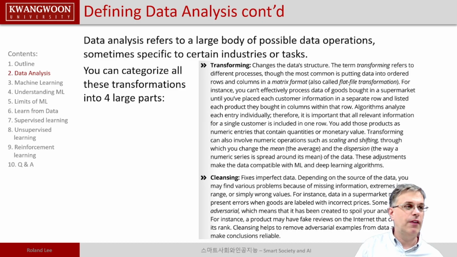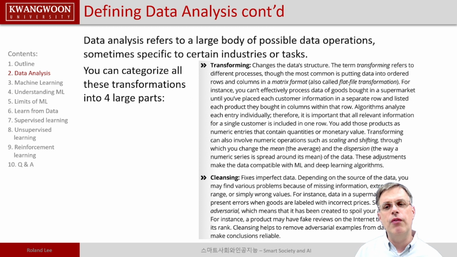So 4 large categories we see here: transforming, so changing the data's structure itself. The term transforming refers to different processes. The most common is putting data into ordered rows and columns in a matrix format. For instance, you can't effectively process data of goods bought in a supermarket until you've placed each customer information in a separate row, like in an Excel sheet as well.